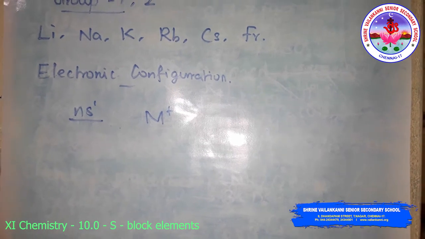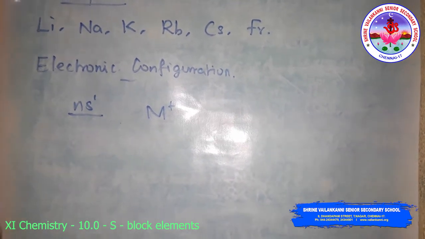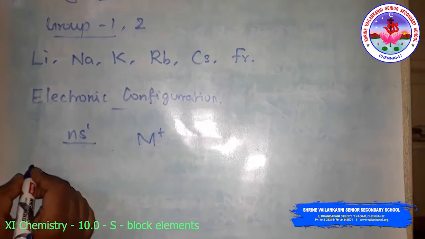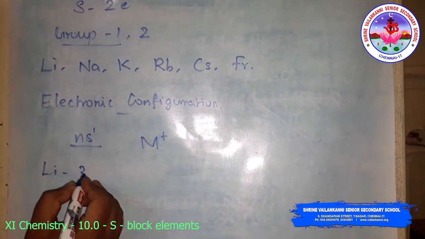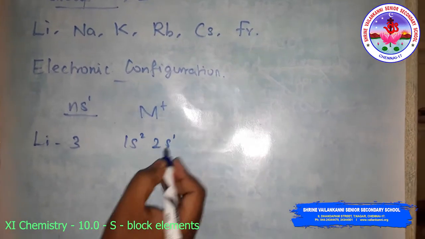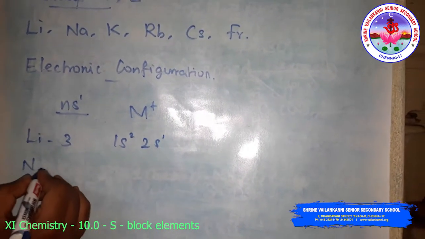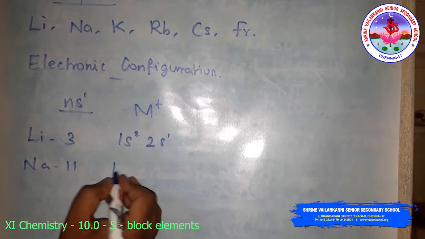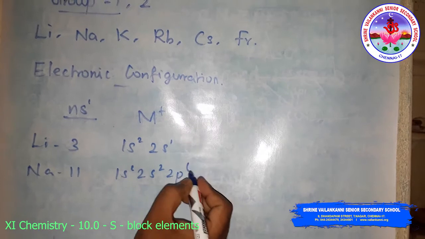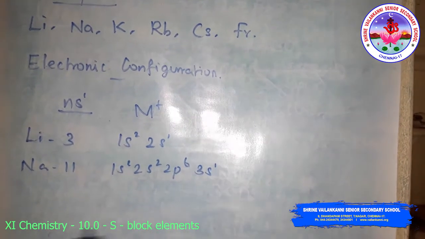Now the electronic configurations. For lithium, atomic number 3, it is 1s2, 2s1. Sodium, 11: 1s2, 2s2, 2p6, 3s1.